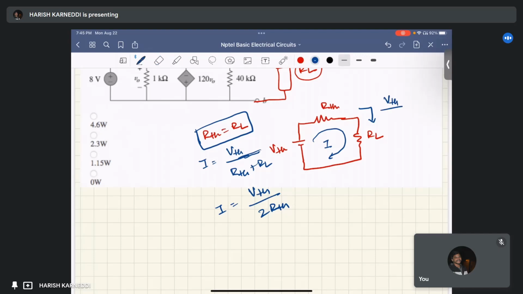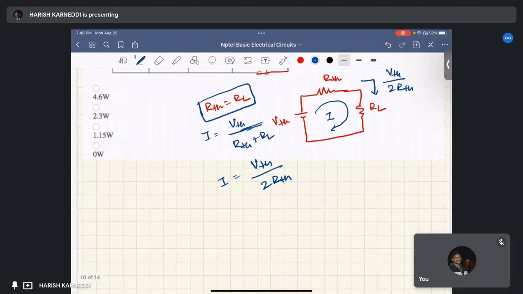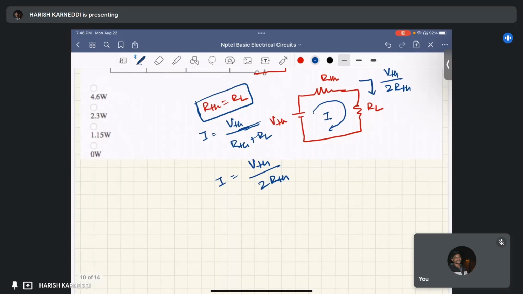VTH by 2 RTH current is flowing through this RTH resistance and RL resistance. Okay. So the VTH voltage is applied across this RTH resistance and RL resistance. What is the voltage appearing across this load resistance? Let us consider VL.